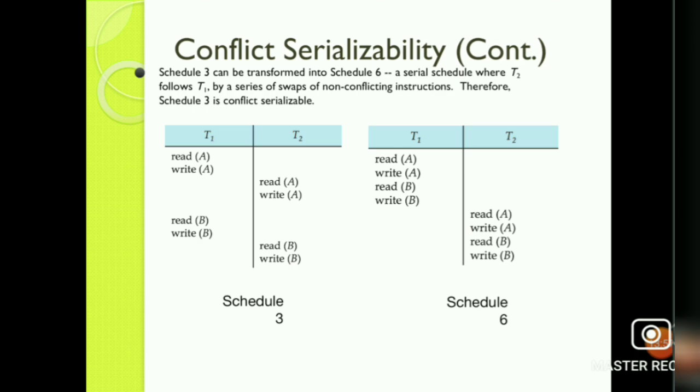So let us consider the example of schedule 3 and schedule 6. Schedule 3 can be transformed into schedule 6, which is a serial schedule where T2 follows T1, by a series of swaps of non-conflicting instructions. Therefore, schedule 3 is conflict serializable.